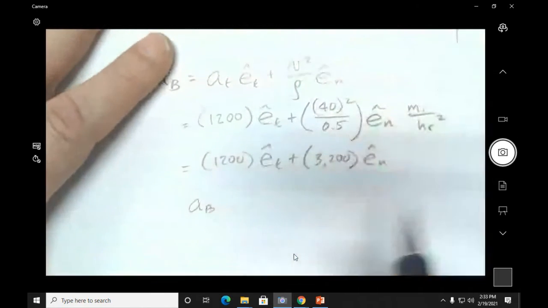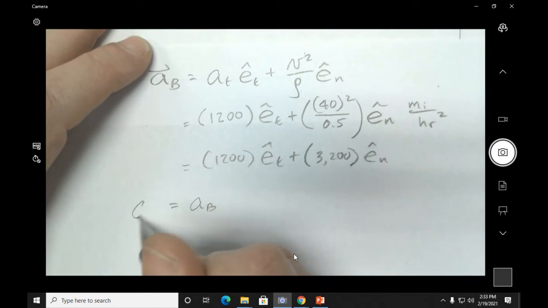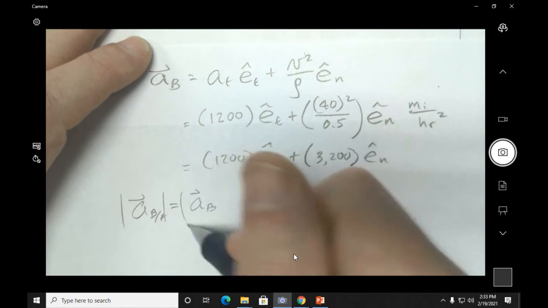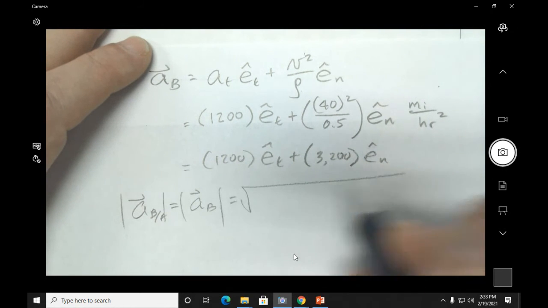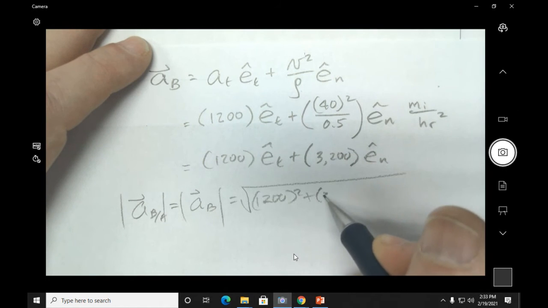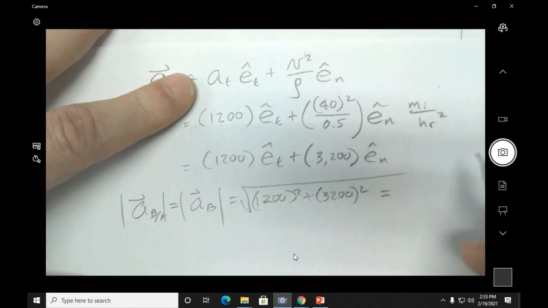It would have been a much simpler problem, because we could say that the acceleration of B with respect to A is equal to B, right? So the magnitude, which is the thing that we want, is really just going to be 1200 squared. And I don't even need to calculate the thing out. I know that I'm going to get the same answer that I would have gotten.